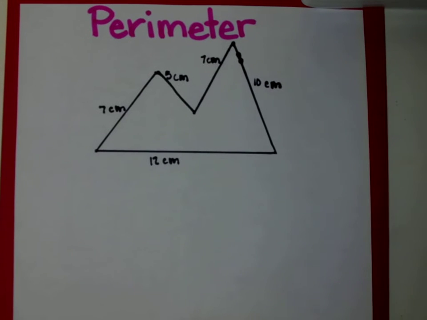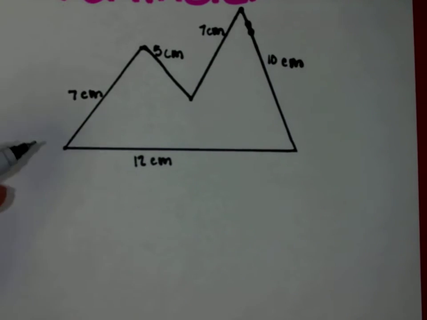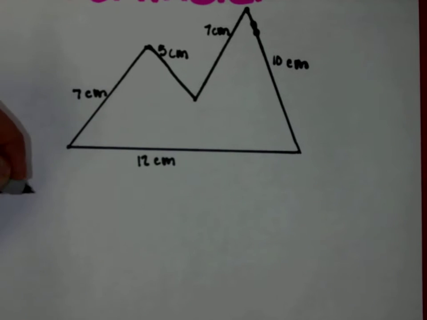So I'll zoom in a little. Let's add up the sides of this polygon. I'll start with the big one on the bottom, the 12.